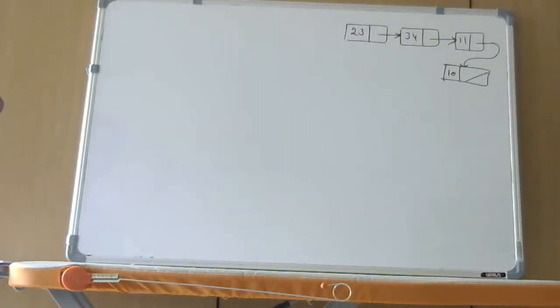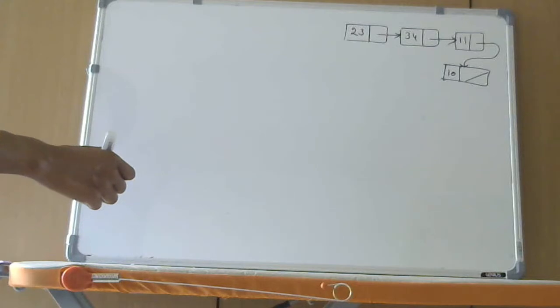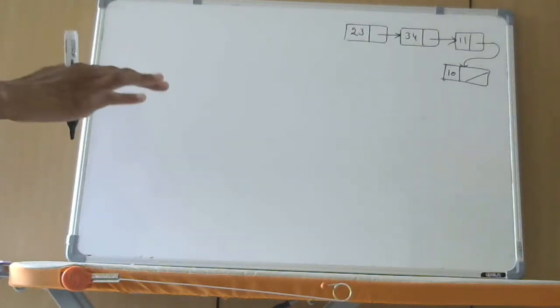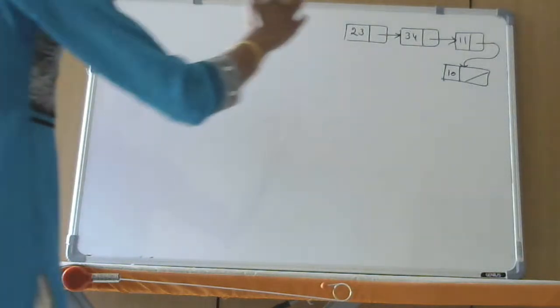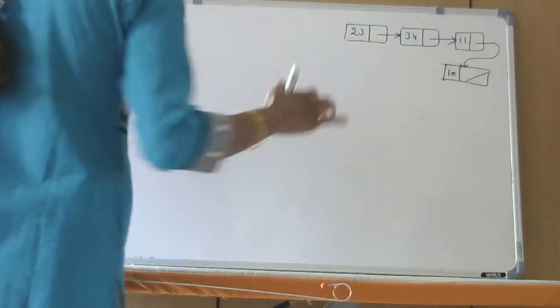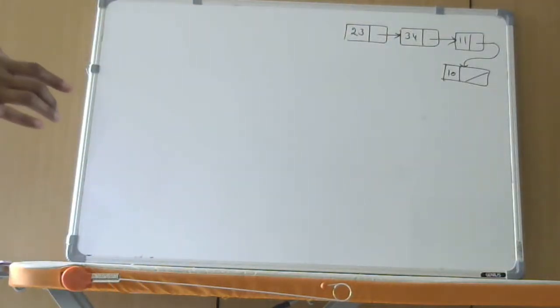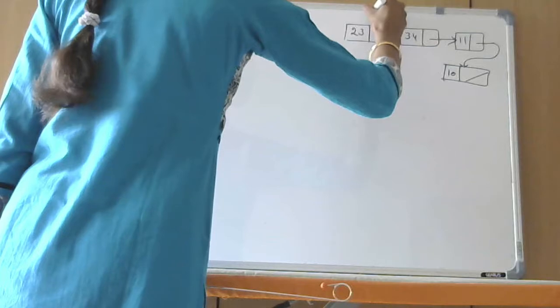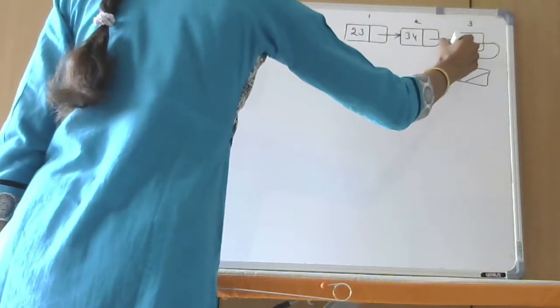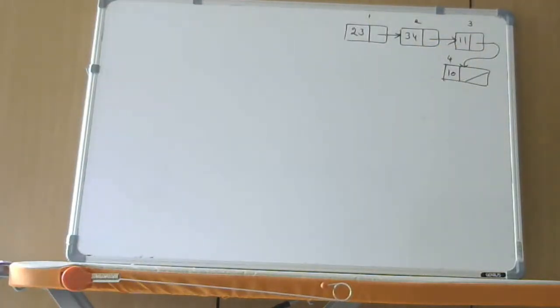Now, if I want to insert at a particular position, the position can be 1. 1 means I have to insert it before the first element. This is my 1, 2, 3, there are 4 nodes. So position has to be 1 or 2 or 3 or 4, correct? You cannot have any other value.